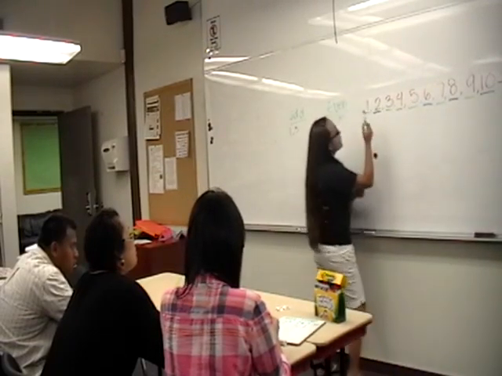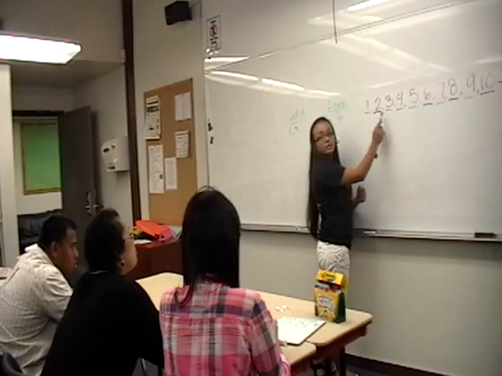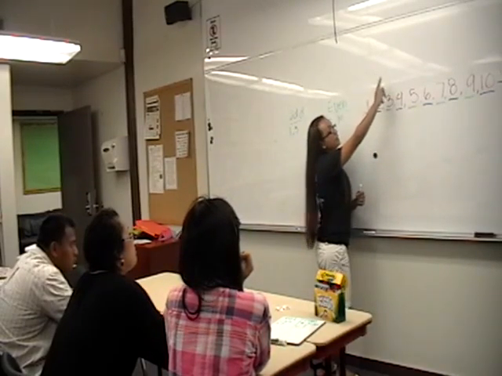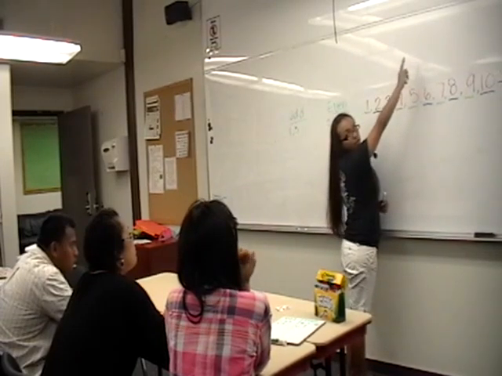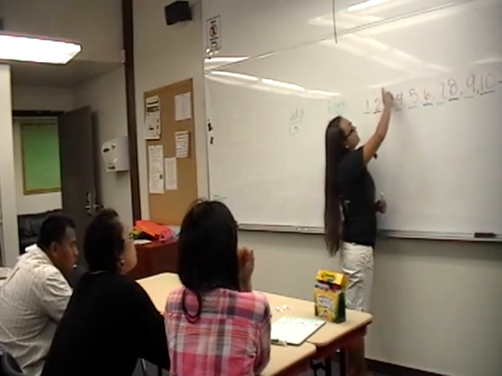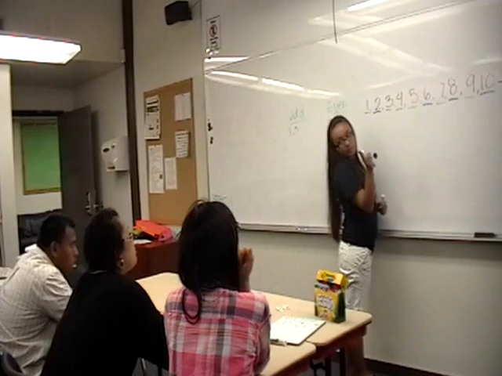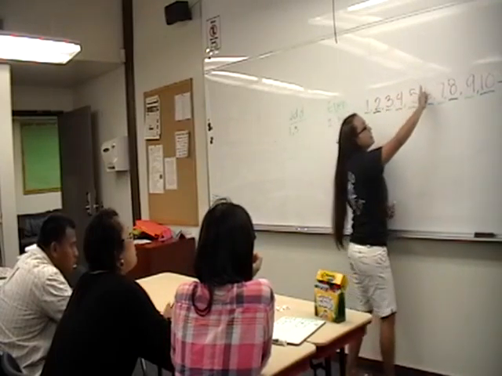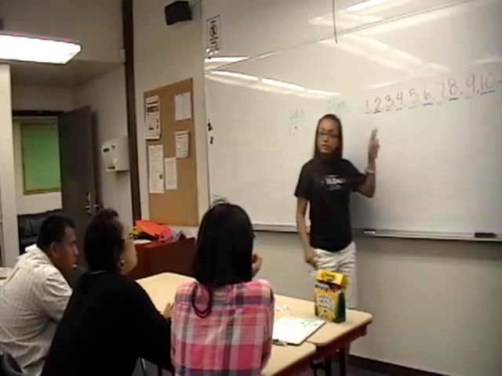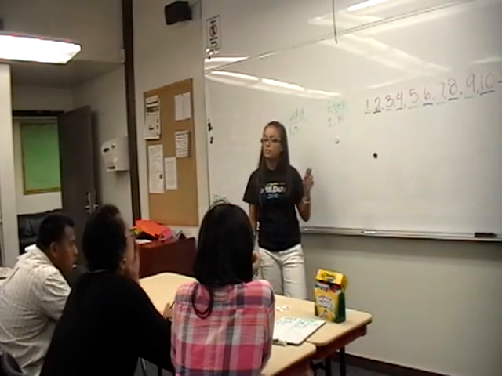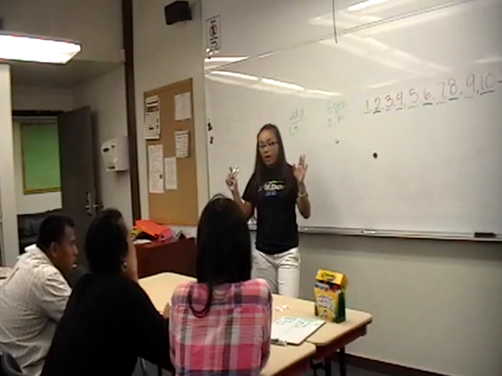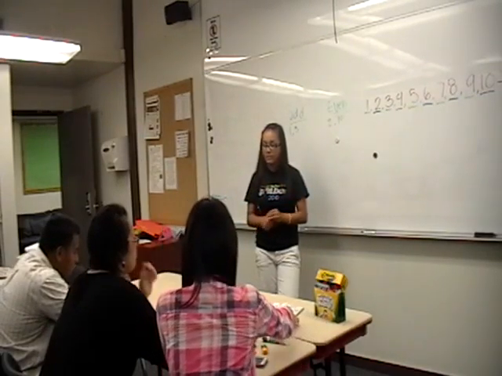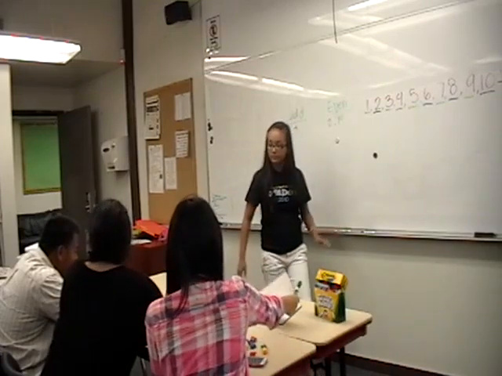So instead of going 1, 2, 3, you're gonna go 2 bears, 4 bears, because you're gonna have 2 more, right? Another buddy and buddy. So 2 bears, 4 bears, 6 bears, and then you keep going until you reach 20, okay? So do that now with your little objects, and I'll walk around and see if you need help.